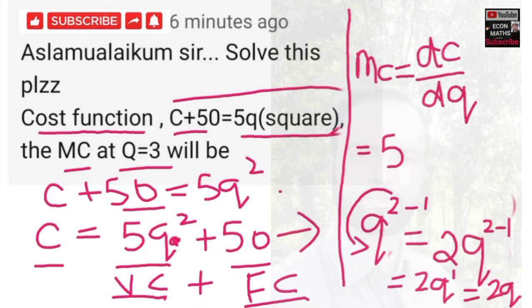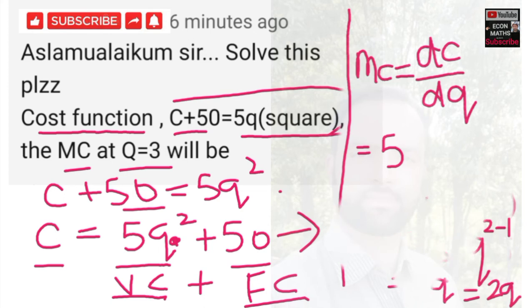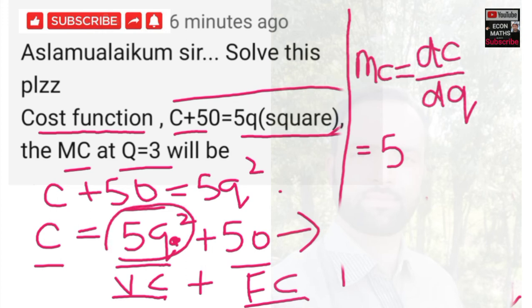So our marginal cost would be the derivative of this q square in this 5q square. The derivative of q square is 2q, as I have shown you, plus the derivative of a constant, which is always 0.